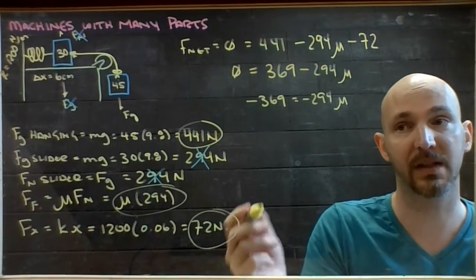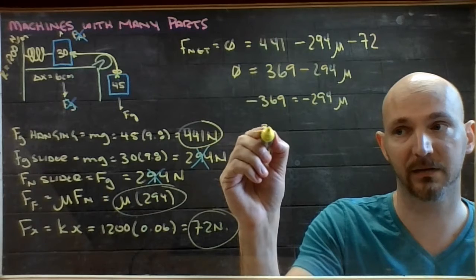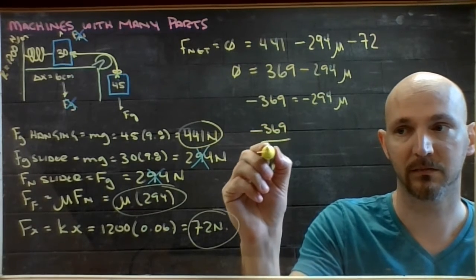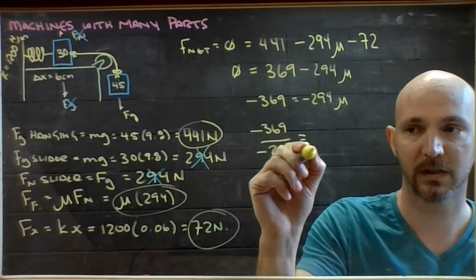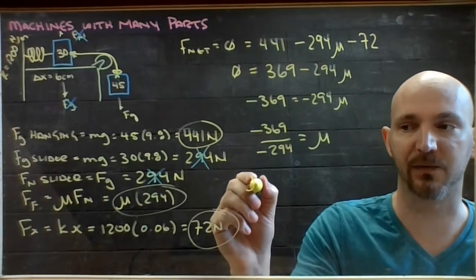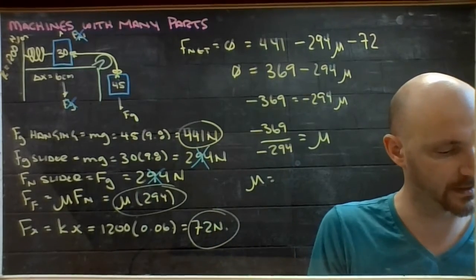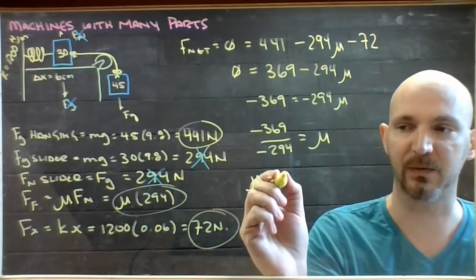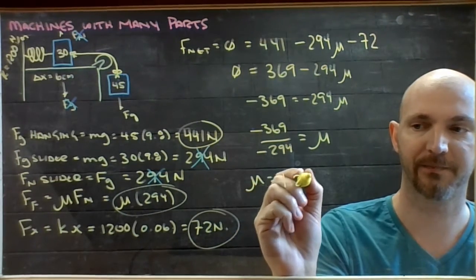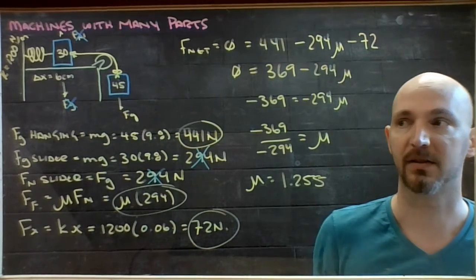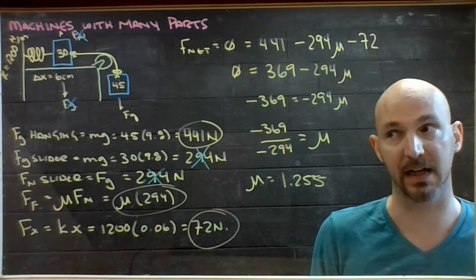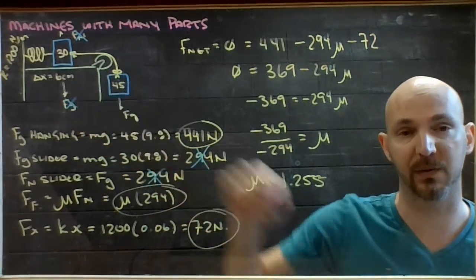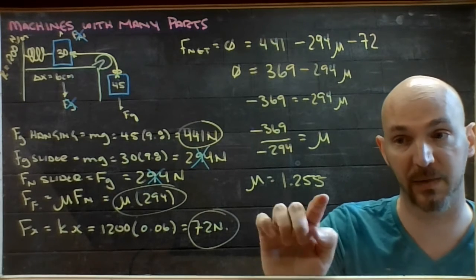And divide both sides by negative 294. Should give me my coefficient of friction. So I end up with, divided by 294, 1.255. So in order for this machine to be stuck, the coefficient of friction between the slider block and the table has to be at least this.